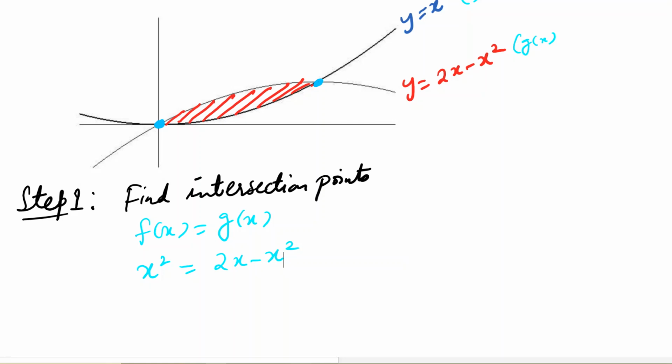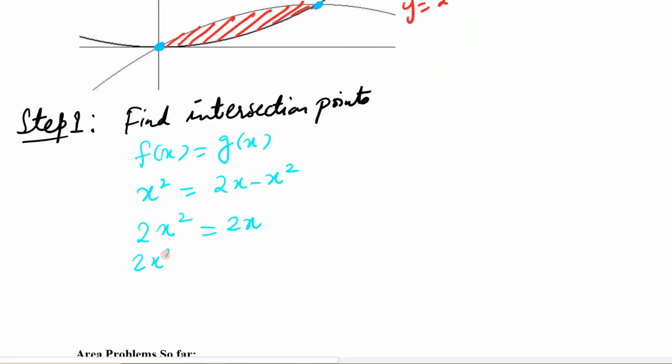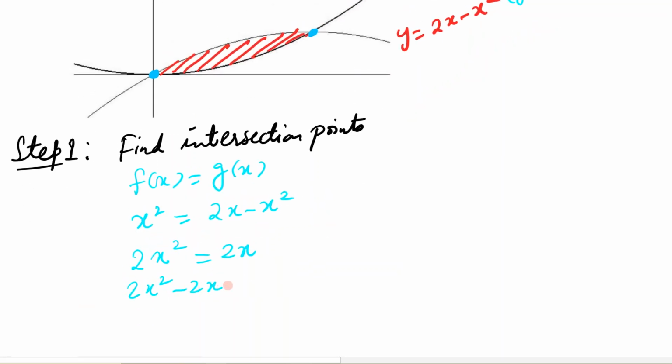From here we get x squared plus x squared, which is 2x squared, equal to 2x. So 2x squared minus 2x equals 0. Taking 2x common, we get 2x times (x minus 1) equals 0. So either x is 0 or x is equal to 1. So the intersection points are 0 and 1.